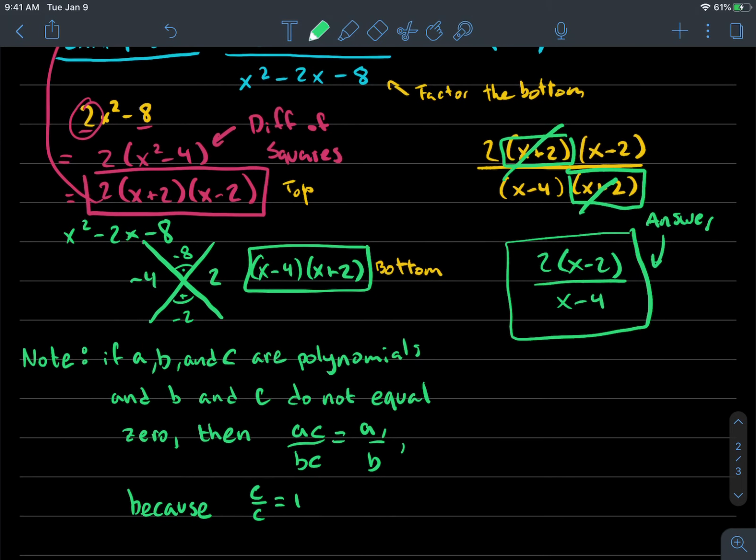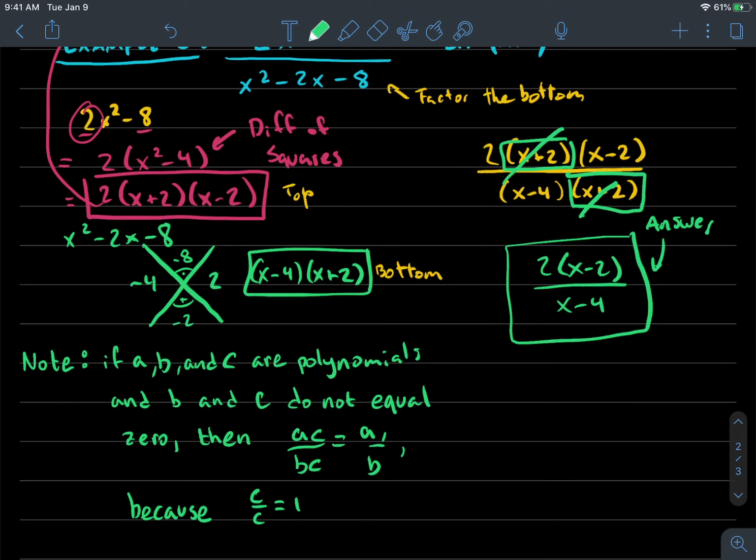Remember, note. It's a note. So if A, B, and C are polynomials, and B and C do not equal 0, then AC over BC equals A over B because C over C is 1.